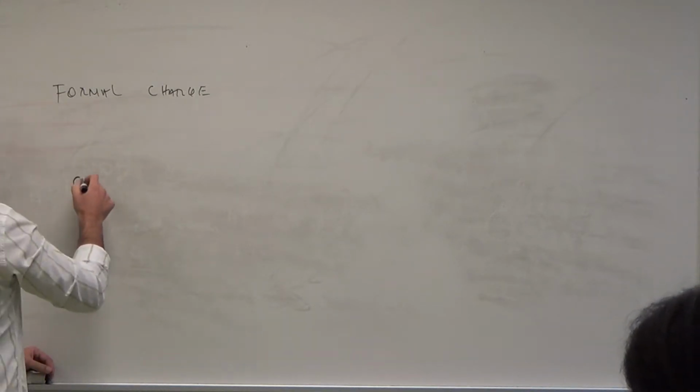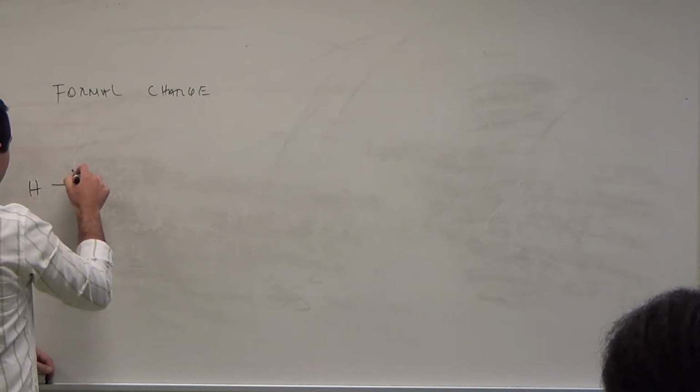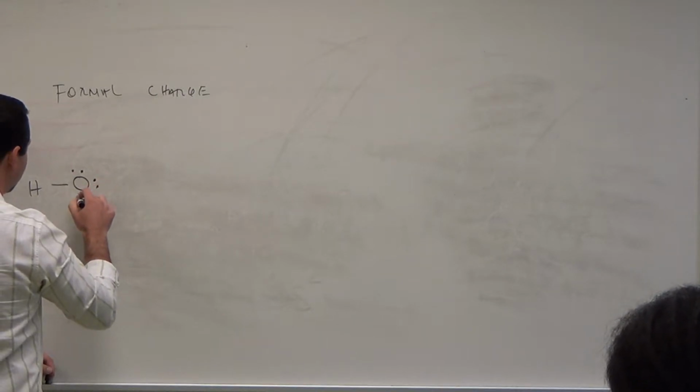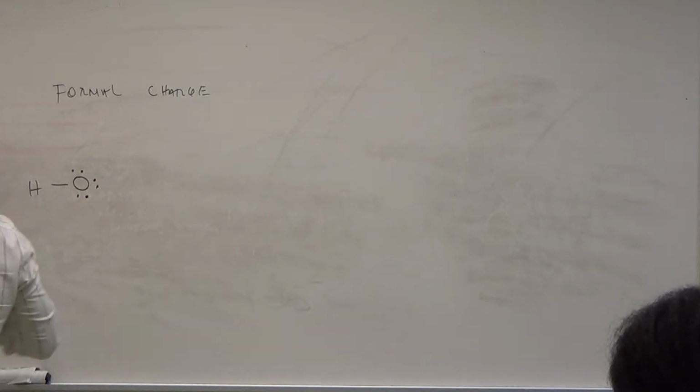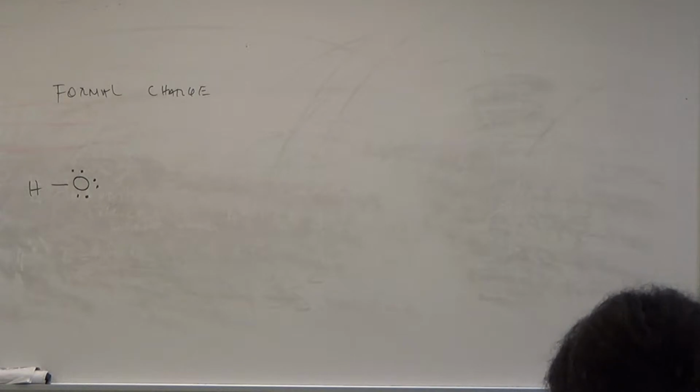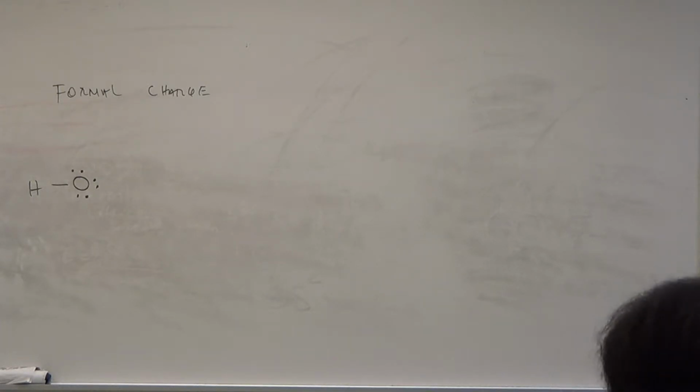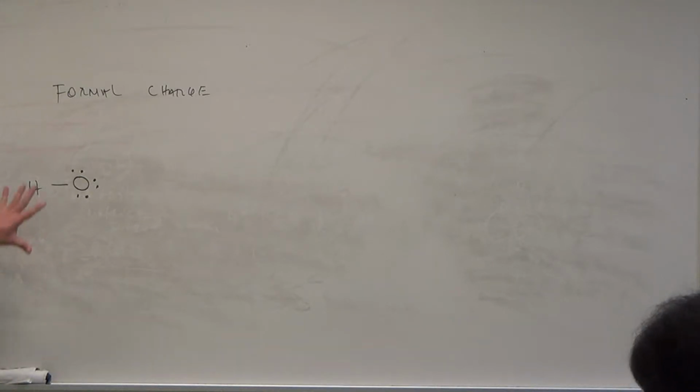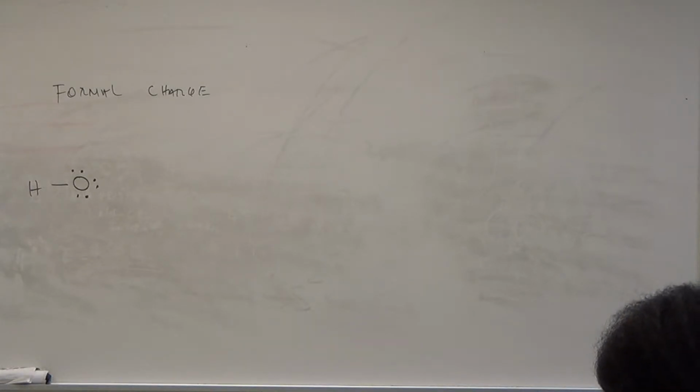So for example, if I want to know the formal charge on the hydrogen and on the oxygen, meaning it's a charge now. Do you see a charge? No, I don't see a charge. But we are going to calculate the charge that it has because it does have one. That is the correct Lewis dot structure, which you get to from what we did last time. Do you remember how we did it?